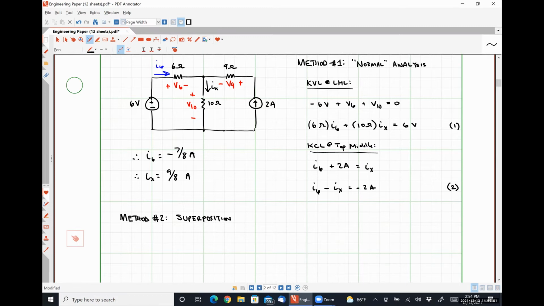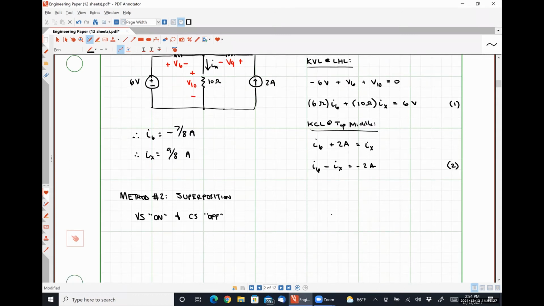Superposition is actually going to require us to analyze the circuit twice because there are two sources in the circuit. So there are two excitation functions, all right? Our first go will be with the voltage source on and the current source off.